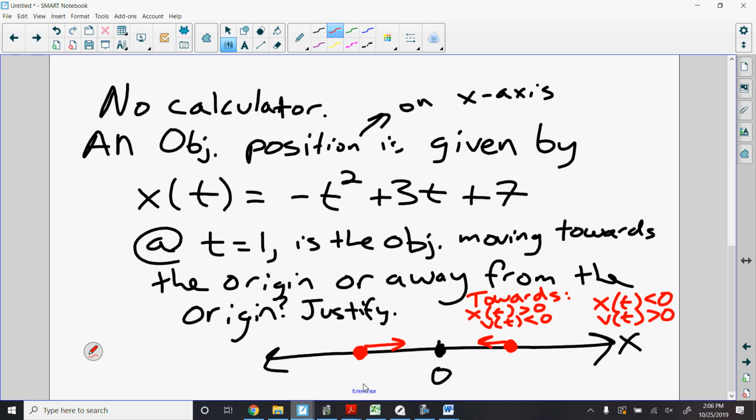So what do you think the general rule is going to be here? Well, to move towards the origin, x of t and v of t must be opposite signs.